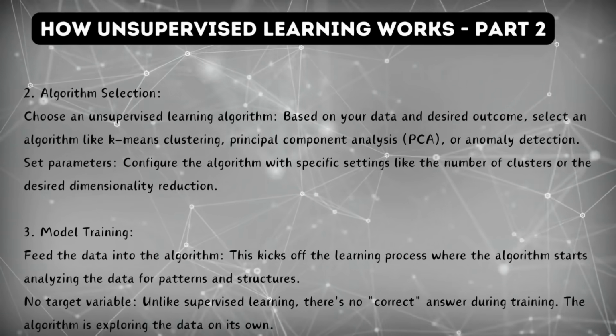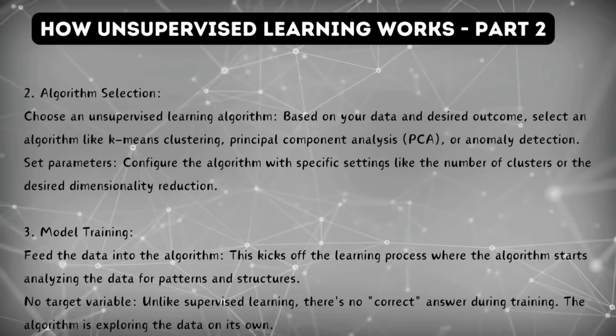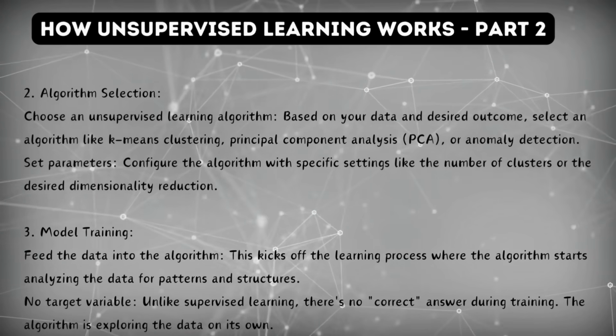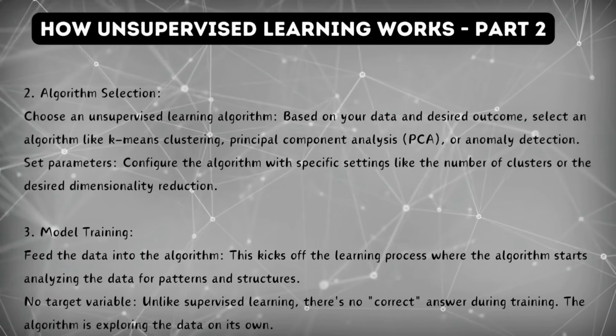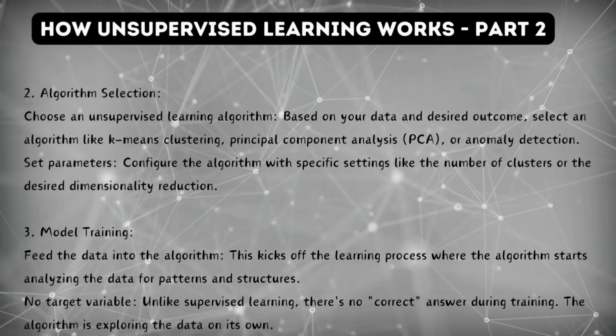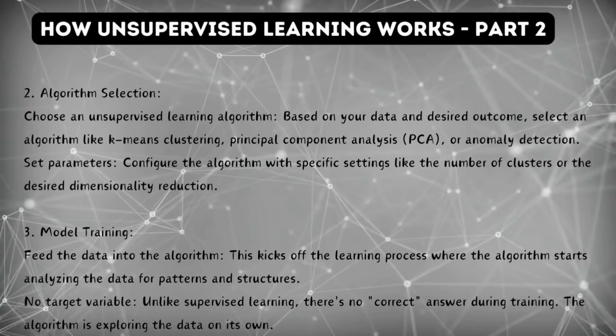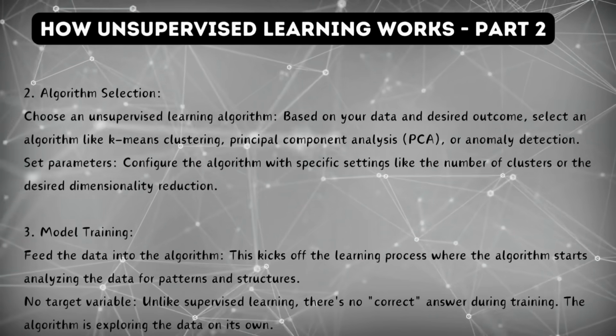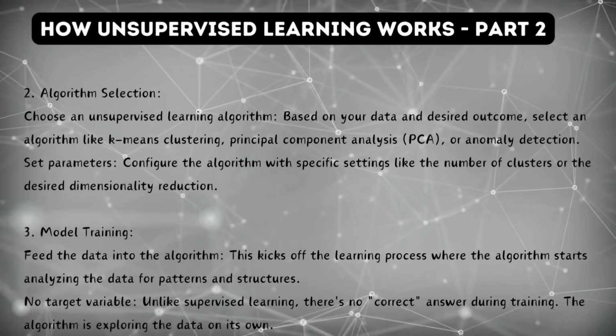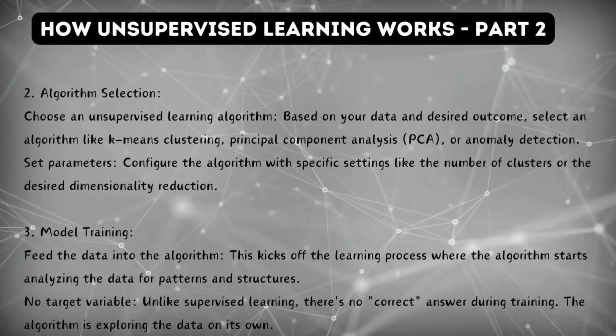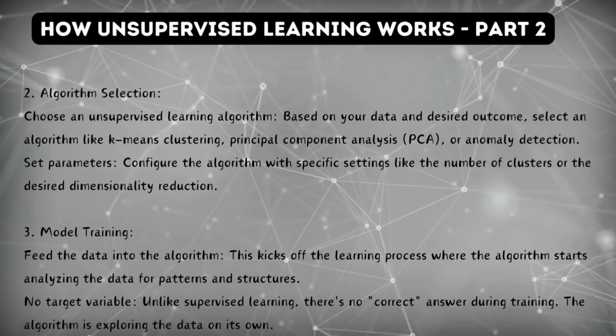Step number 3, model training. Feed the data into the algorithm. This kicks off the learning process where the algorithm starts analyzing the data for patterns and structures. No target variable. Unlike supervised learning, there's no correct answer during training. The algorithm is exploring the data on its own.